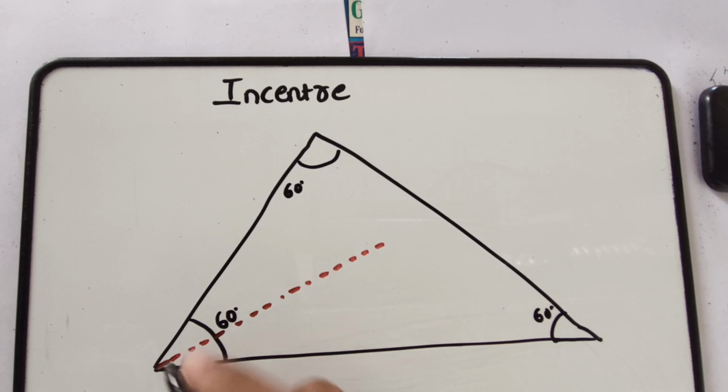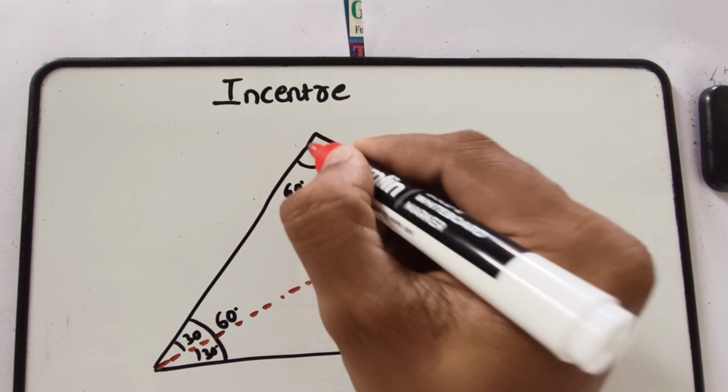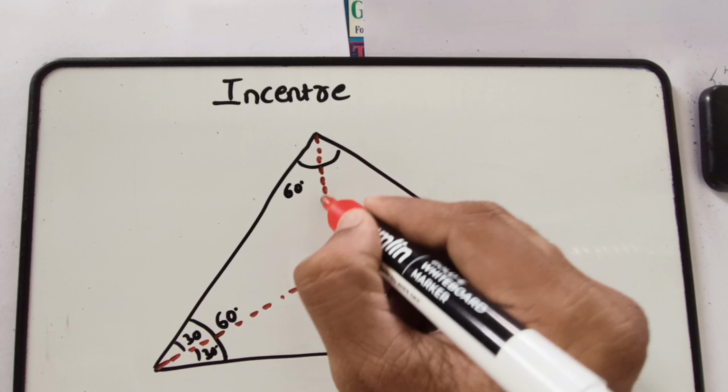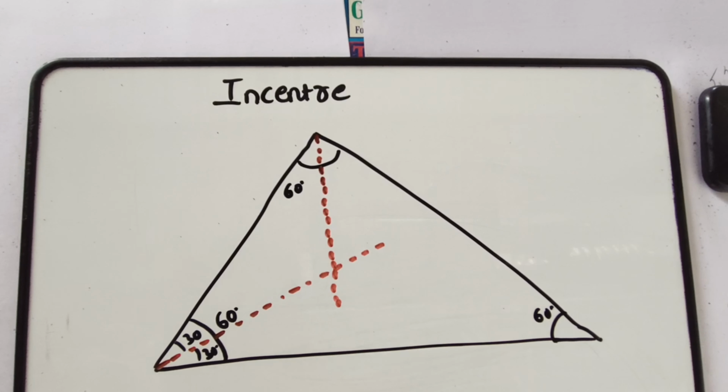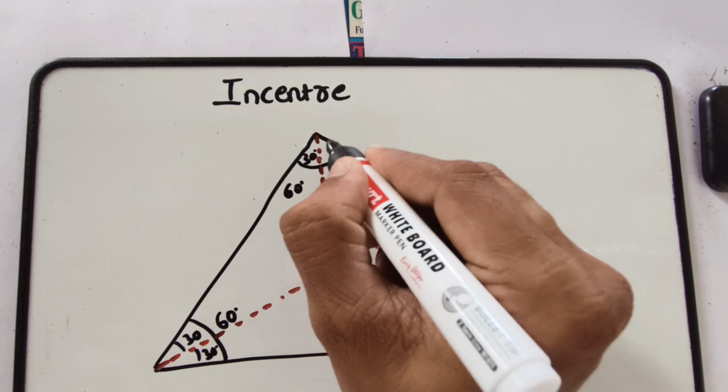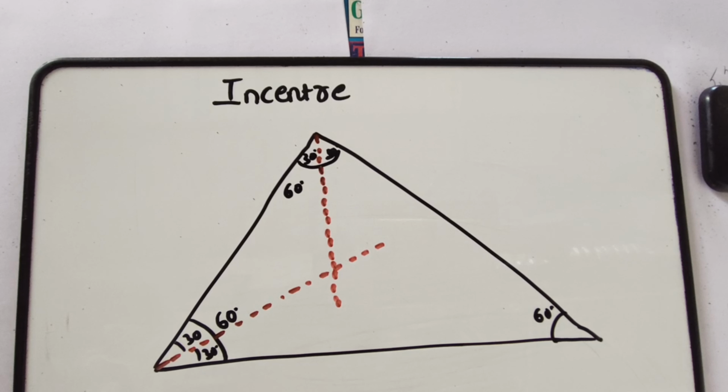I'll draw one more angle bisector here. Similarly, I'll draw one more angle bisector here, 30 degree again. 30 degree here, 30 degree here.